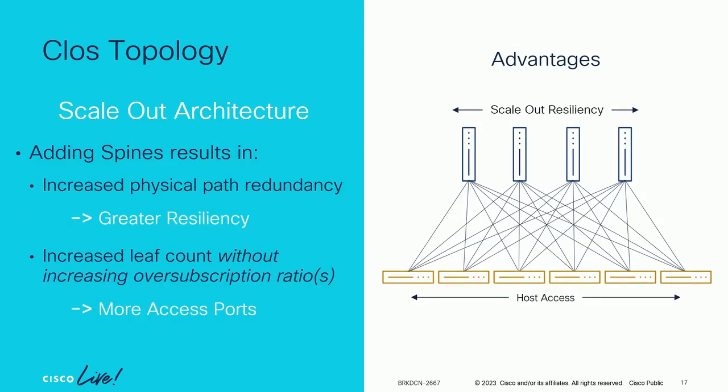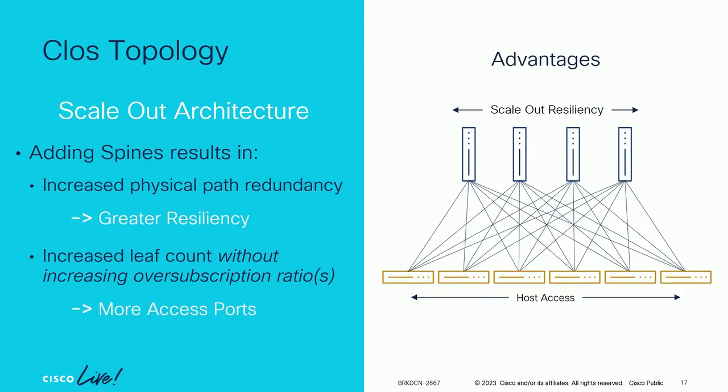The other thing about fat tree or Clos topology is it's a scale-out architecture. What do we mean by that? It is extremely easy, because of the way the fabric is aligned, to actually grow the fabric. We can add more bandwidth by simply increasing the number of spines. Because it's all layer 3 in the underlay, this is a non-disruptive exercise.